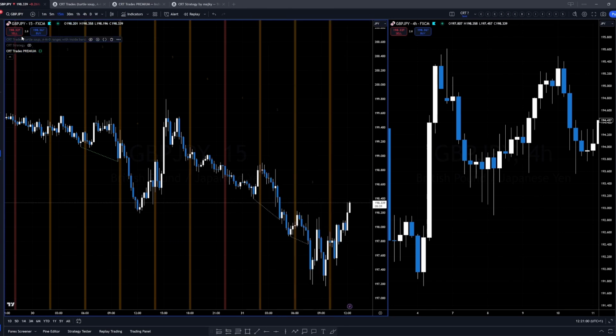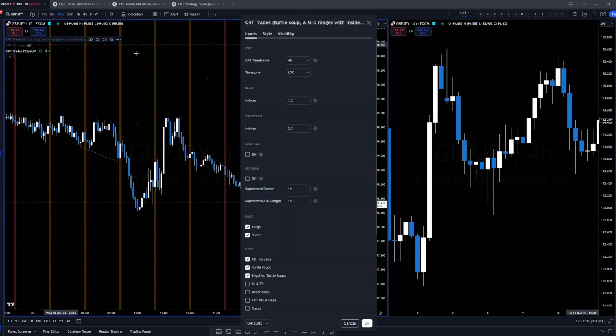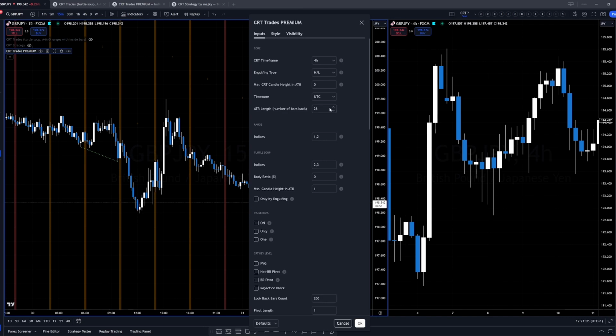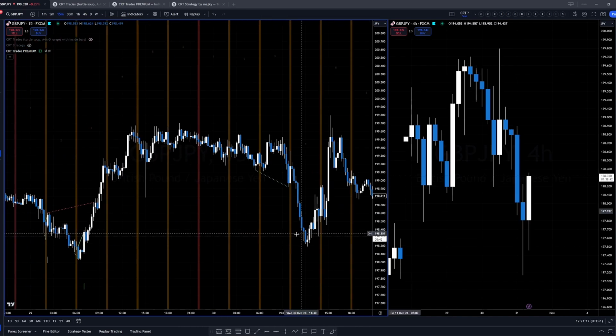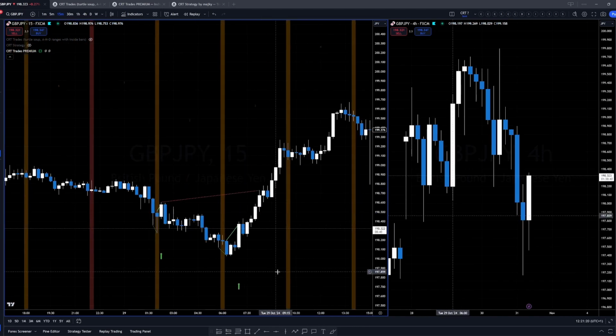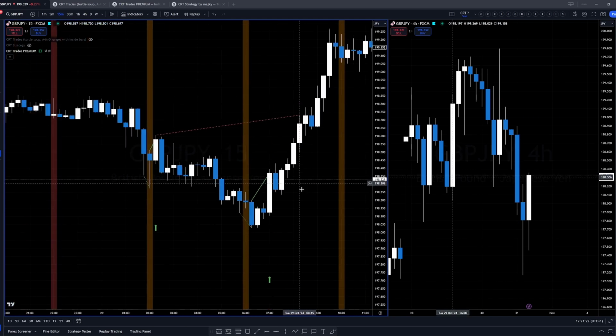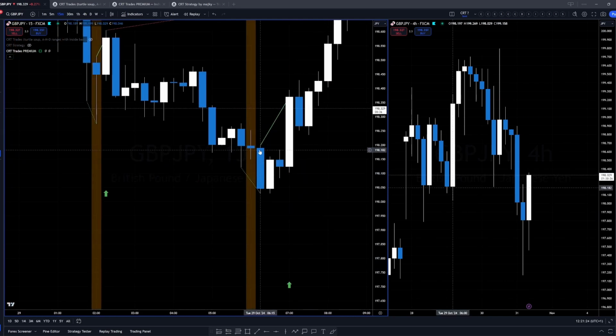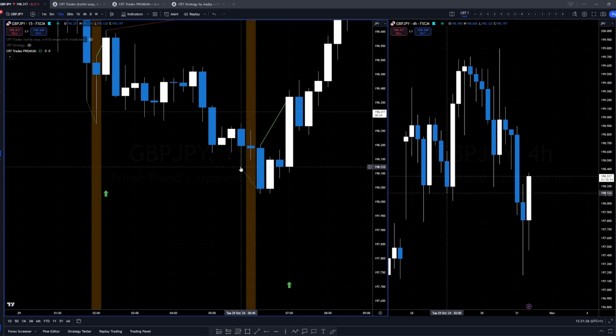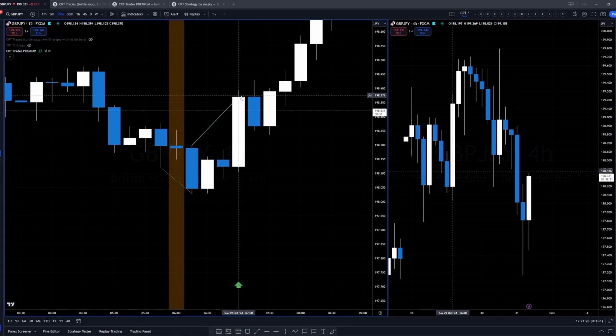So what are the more complex settings? You can choose the engulfing type here. It can be either engulfing only the body of the range or of the turtle soup, or the high-low. For example, if you can see here, we have a turtle soup of the previous range, the low of the range, and here we have engulfed the high, right?